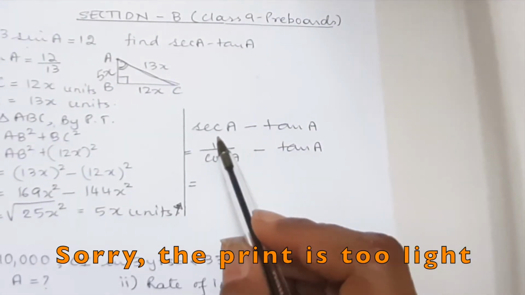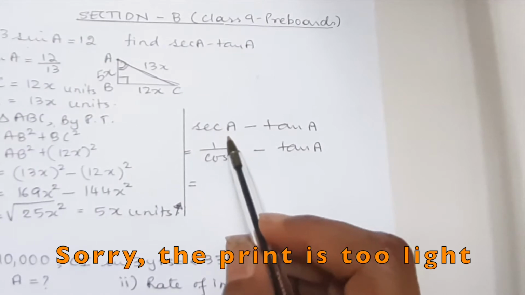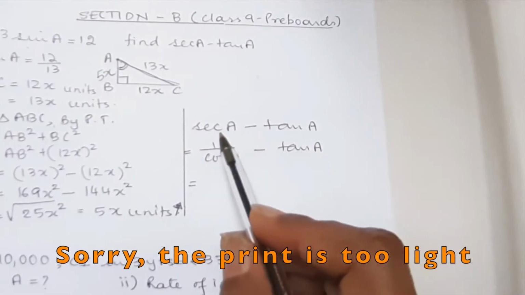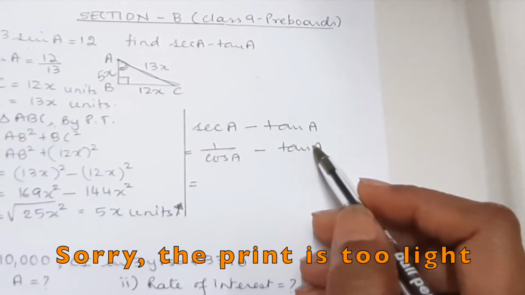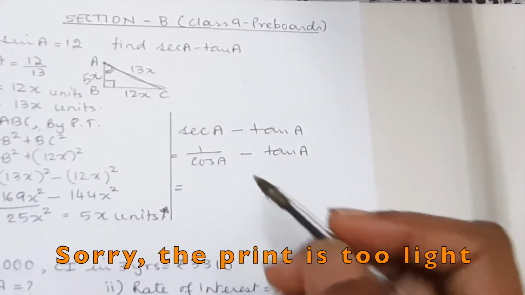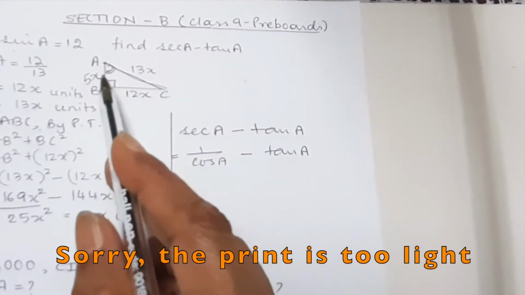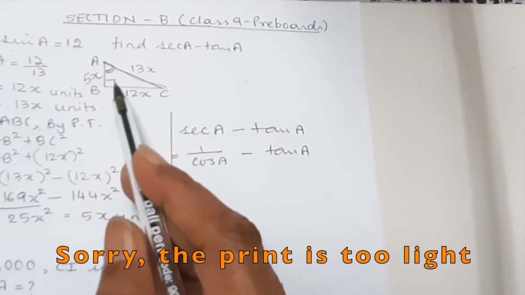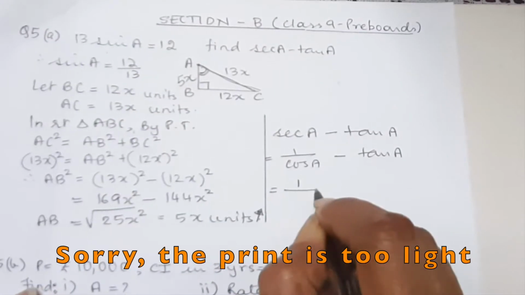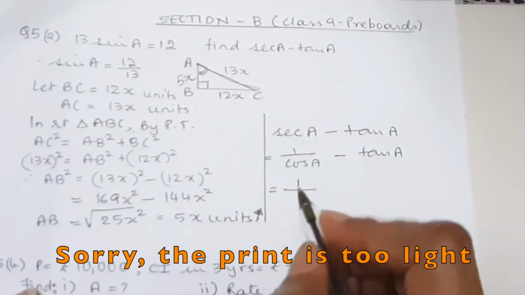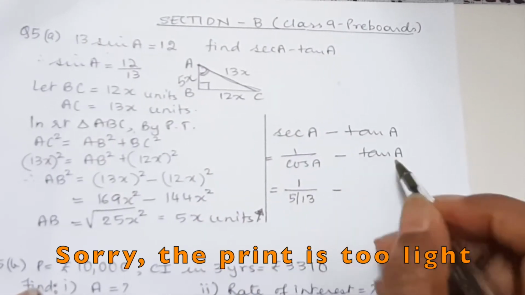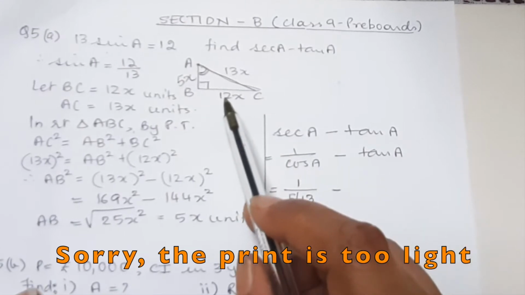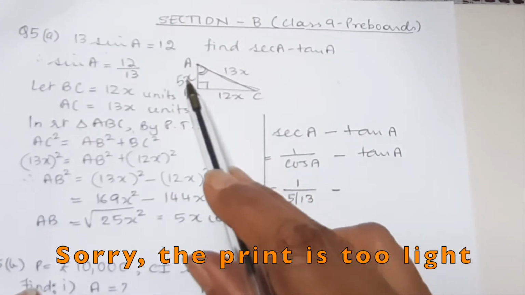Now we have to find the value of sec A minus tan A. Now sec A is 1 upon cos A, correct? And cos is adjacent upon hypotenuse. So I shall write it as 1 upon 5x upon 13x becomes 13 upon 5, minus tan A, which is going to be opposite upon adjacent.